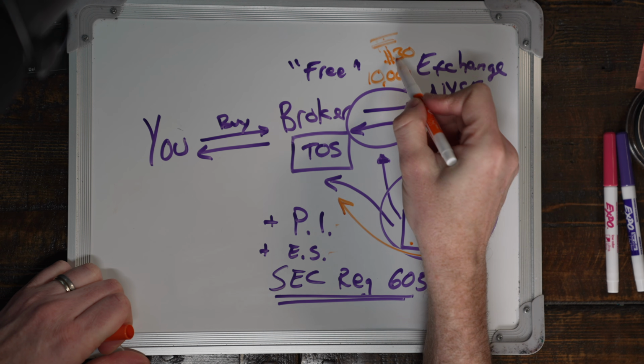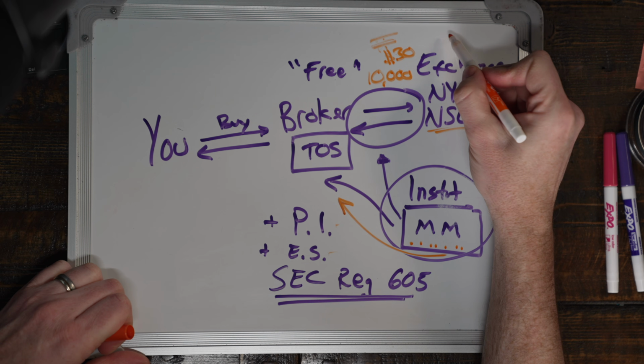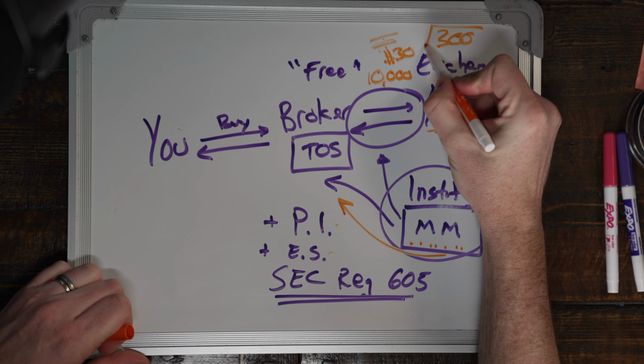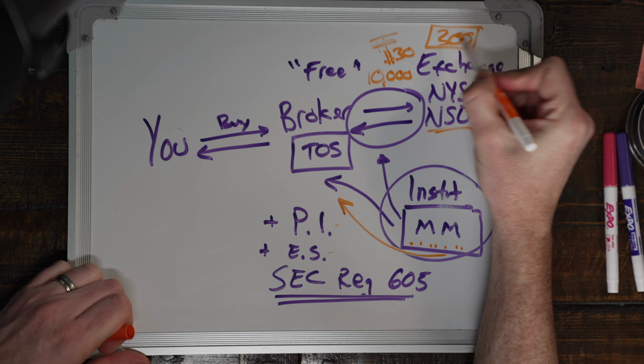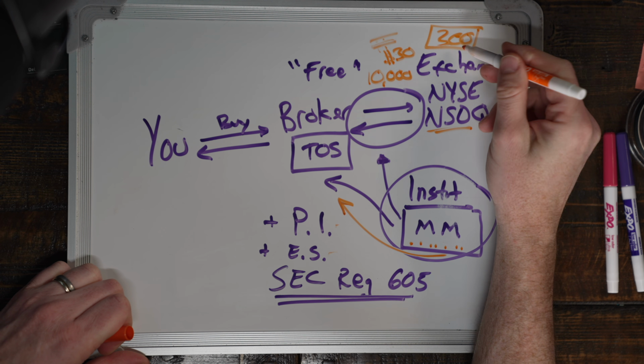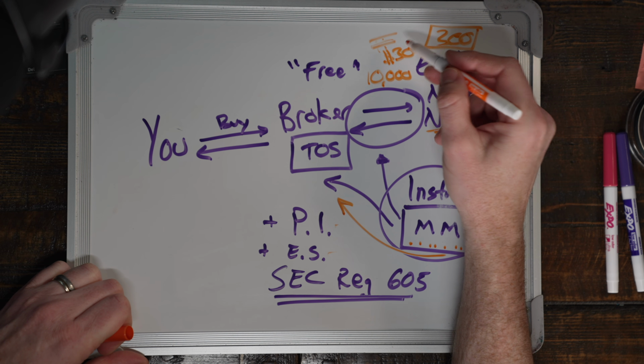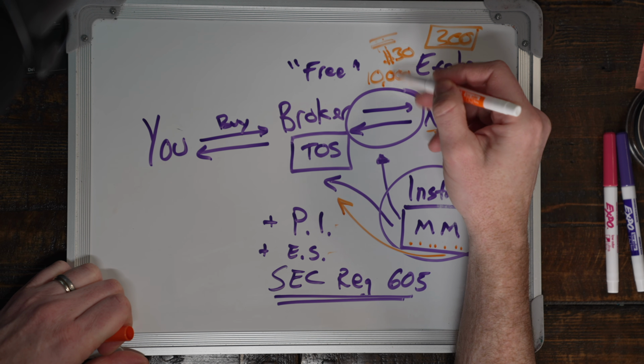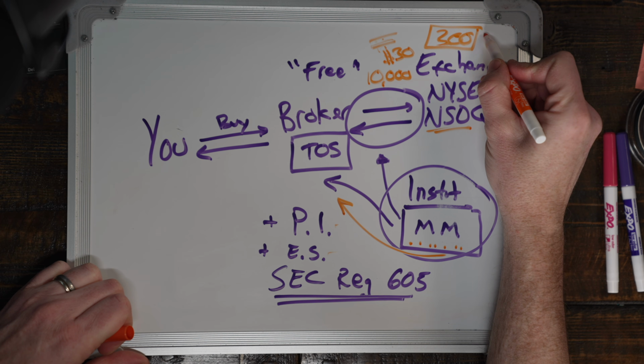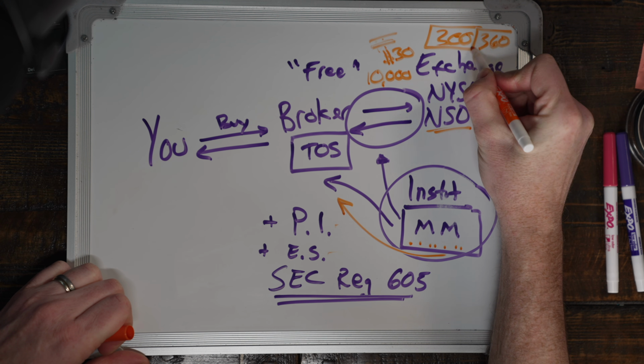So if you take 10 of those trades per day, that's $300 in fees to NASDAQ, plus your broker on 10 trades, one buy, one sell. So it's going to be $3, so $6 round trip times 10, you're at $60 in commissions. You're at $360 in fees.